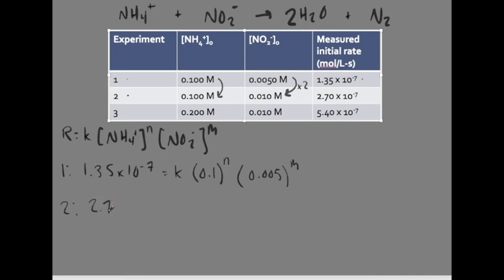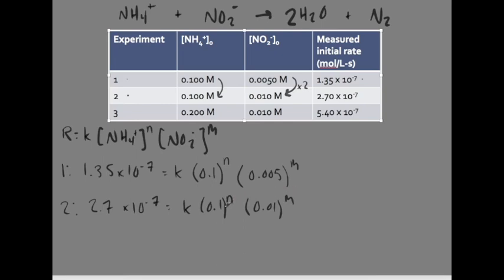This time it was 2.7 times 10 to the negative 7th equals K times 0.1 to the N. Remember, they didn't change anything about the ammonia concentration. Times 0.01 this time. That's the new concentration of NO2 raised to the M power.